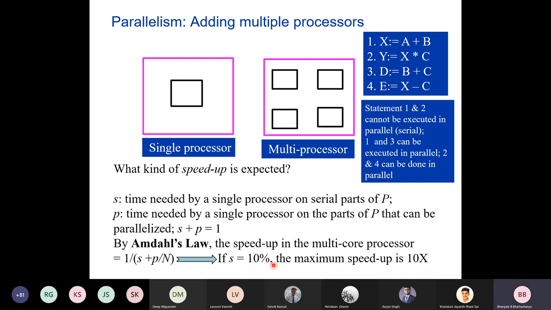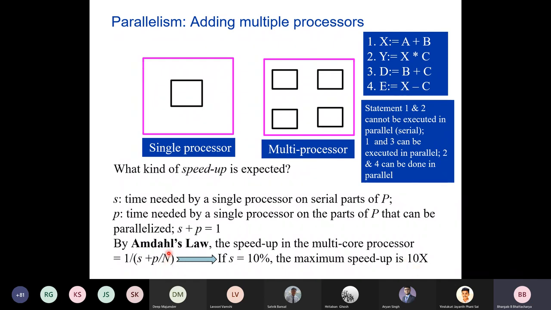If S is 10%, for example, if the serial component is only 10% and 90% of instructions are parallelizable, even then the maximum speed up is only 10x.